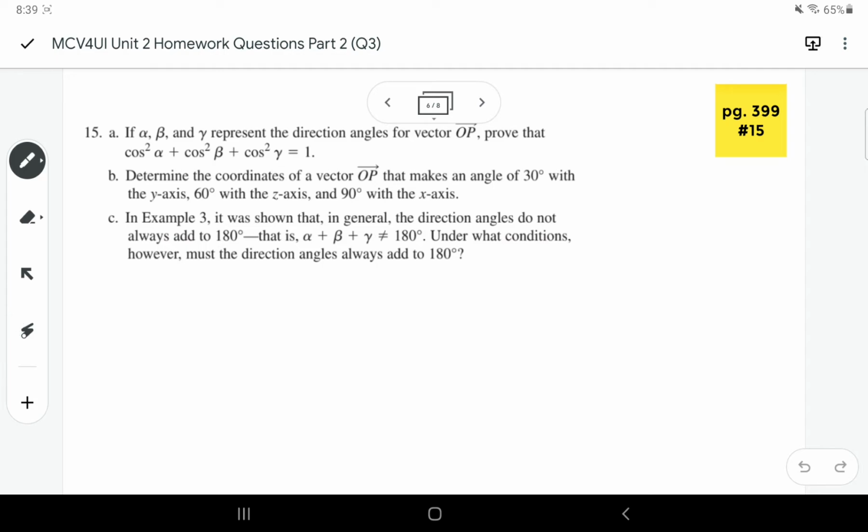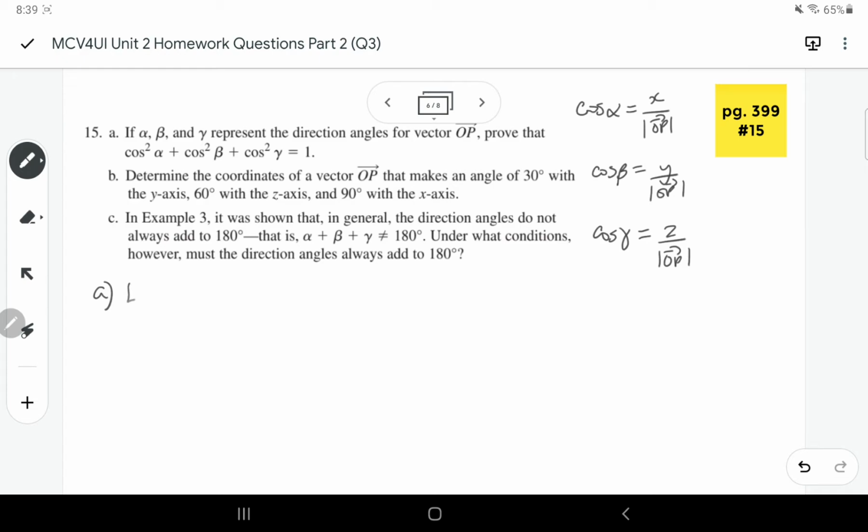Okay, so 15A is a nice little proof. So remember that we knew cos alpha was x over the magnitude of OP, and cos beta is y over the magnitude of OP, and cos gamma is z over the magnitude of OP.